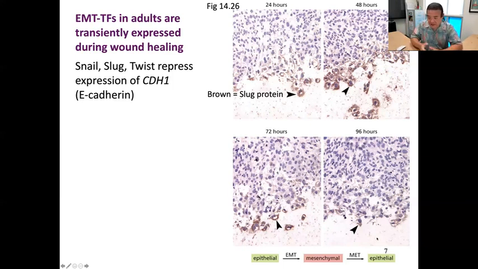But obviously this is done on a plastic surface in a dish, so you're not going to really see all of the wound healing things going on because you don't even have other types of cells helping out. This is just looking at how within this time, these epithelial cells are undergoing EMT to become more mesenchymal because they are turning on again things like snail, slug, and twist. And at a certain point, they have to then reverse this and become epithelial again.